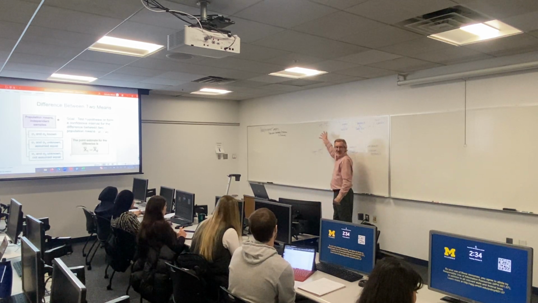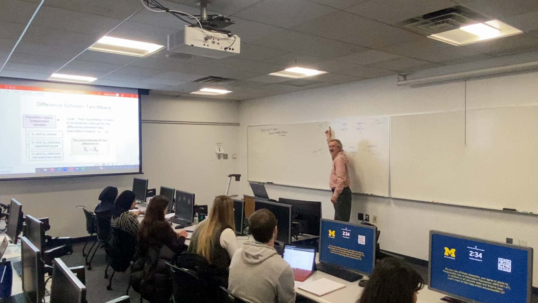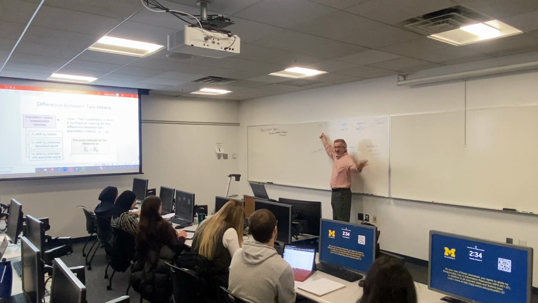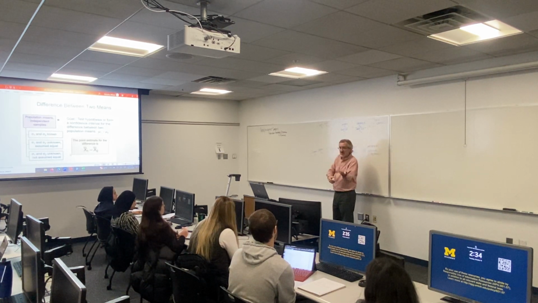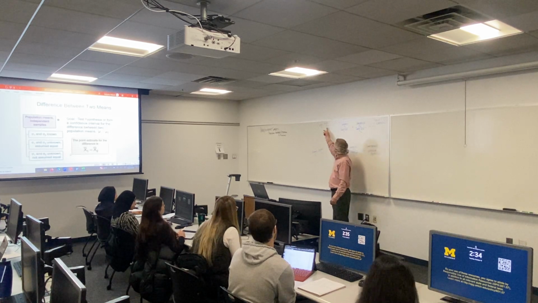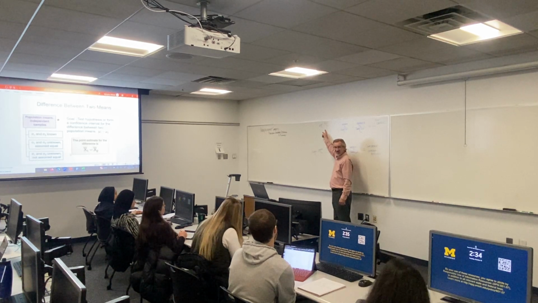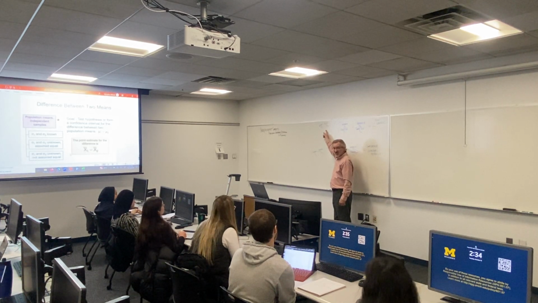This is the only type of problem that has 2 different means that you're comparing. We have not learned that up to this point. Everything since the first quiz to this quiz has been hypothesis testing with 1 mean. But now we're getting into 2 means. And yes, there could be 1 question or 2 questions related to today's lecture about 2 means. And you'll realize it has to do with today's lecture because there's 2 means involved.